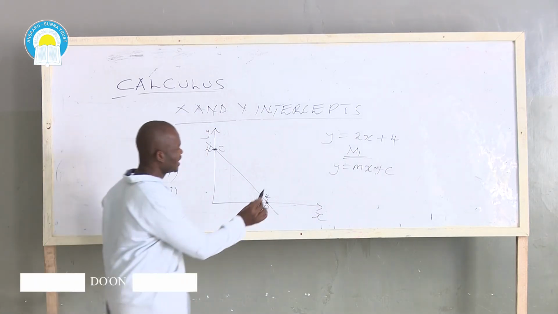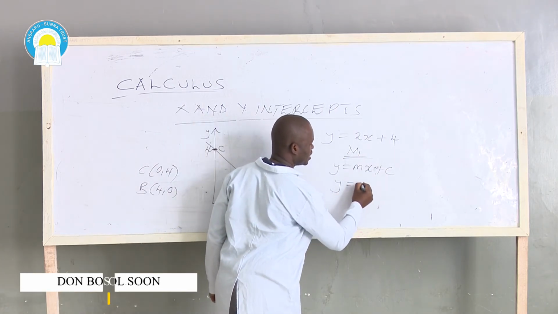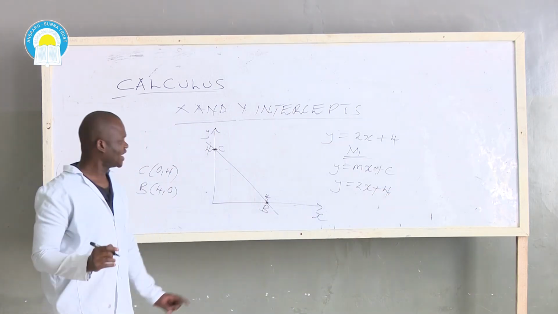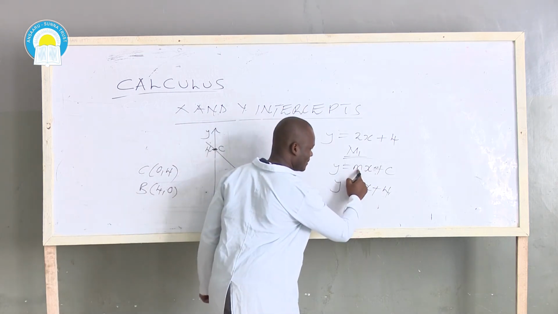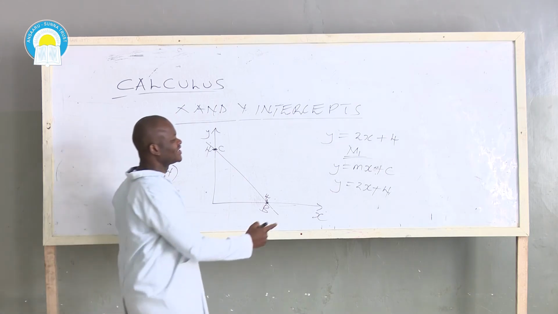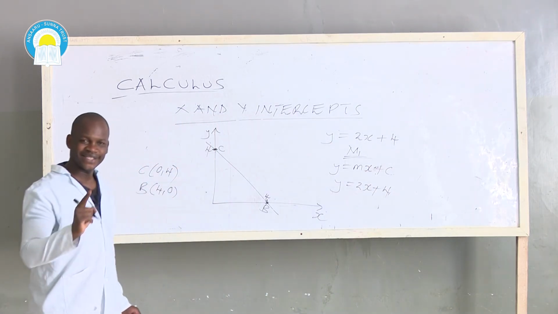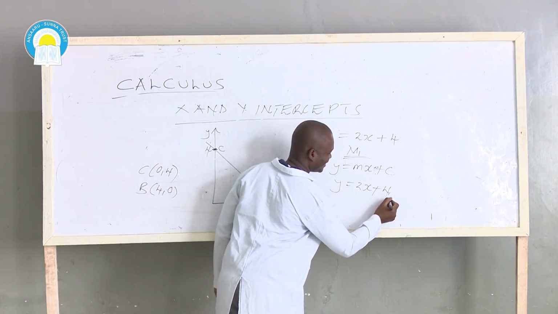If you're very keen, our equation already has that format. So given a line in this form, the significance of m is that m is the gradient. Significance of c is the y-intercept.